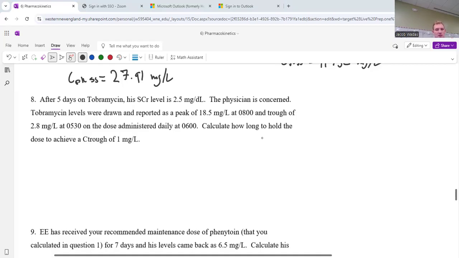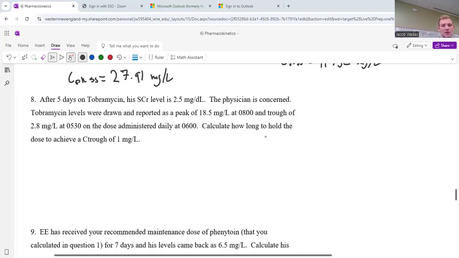The physician is concerned about the tobramycin levels that were drawn and reported as a peak of 18.5 at 0800 and a trough of 2.8 milligrams per liter at 530. Dose administered at 0600. Calculate how long to hold the dose to achieve a trough of 1 milligram.